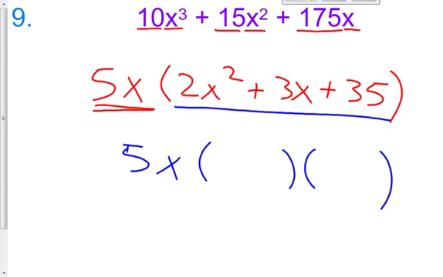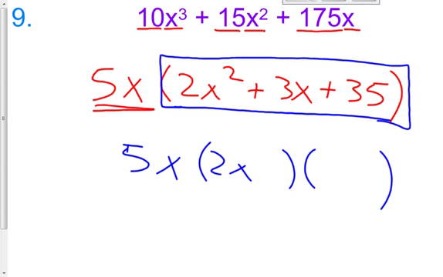Because this is a trinomial, whenever you think of trinomials, you should always think of factoring by guessing and checking. And here's the deal, class. You can try to factor this until you're blue in the face. It will never, ever work. You can try 2x and 1x and a positive 7 times a positive 5, which gives you 35, but it doesn't give you 3x in the middle.